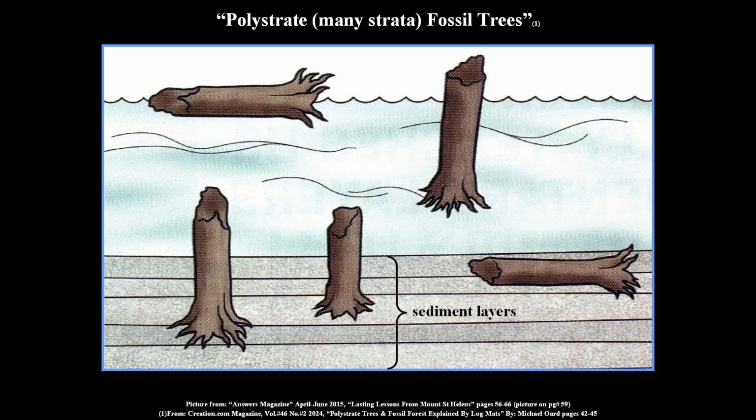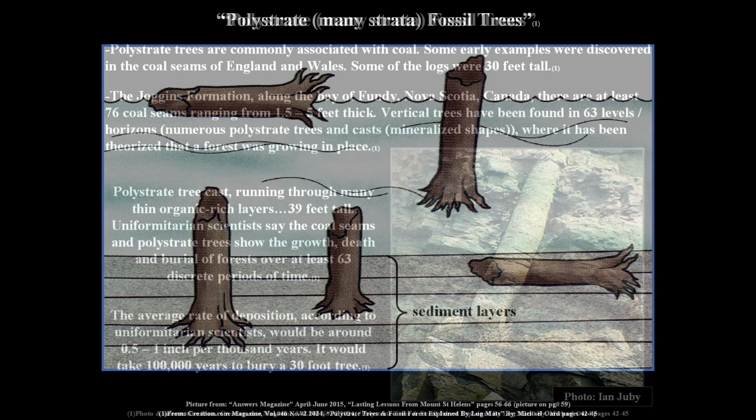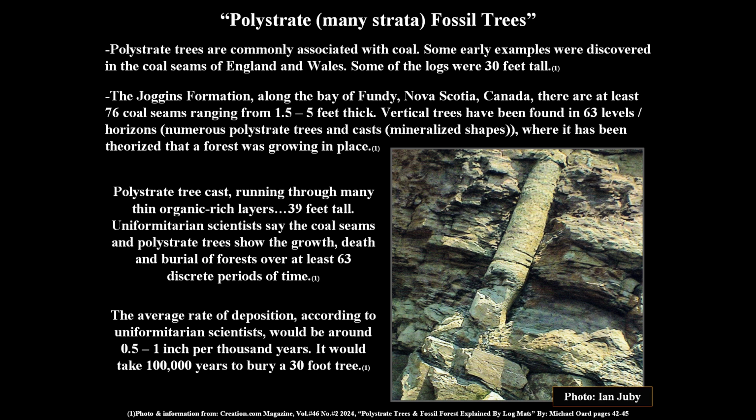But that word polystrate, when you think of polystrate fossils, you're thinking of poly, which means many, and then strata. This would be fossils that run through many layers. In the picture over to the right, that's a fossil tree running through many layers of strata.